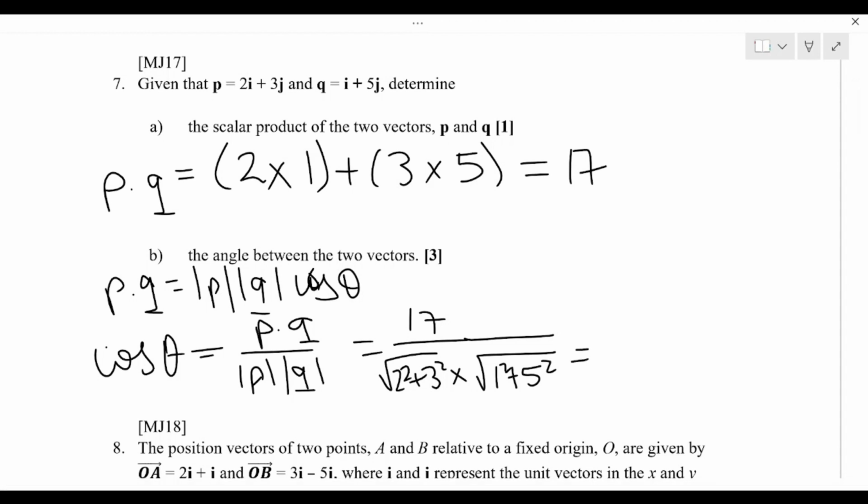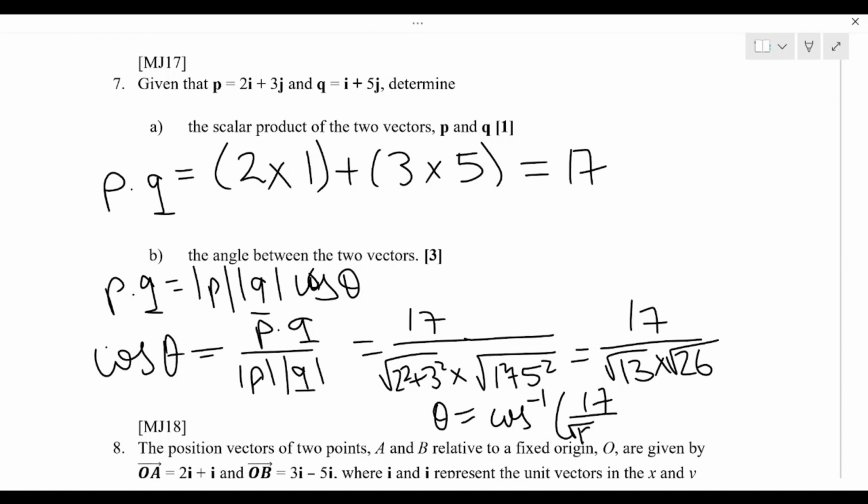This gives cos theta to be 17 over root 13 times root 26. Therefore, theta is equal to cos inverse of this value, which to one decimal place will give us 22.4 degrees.